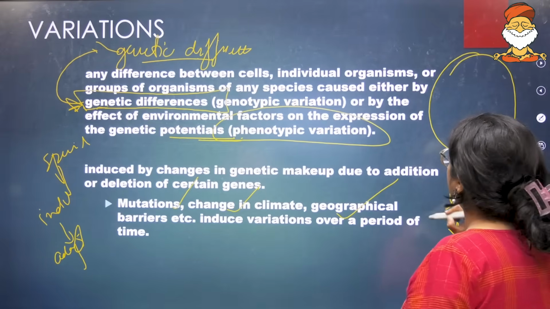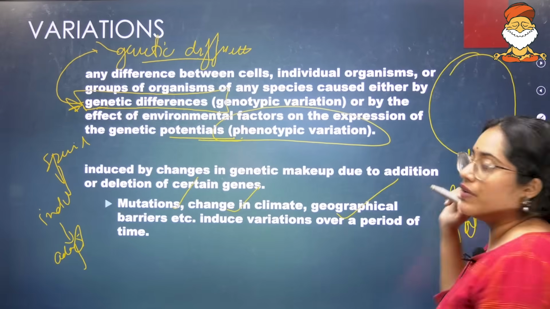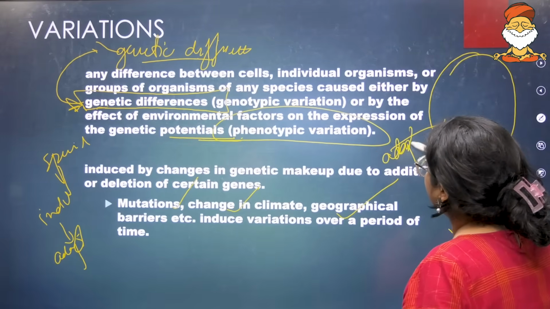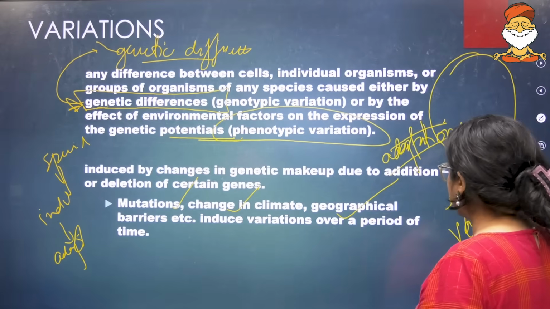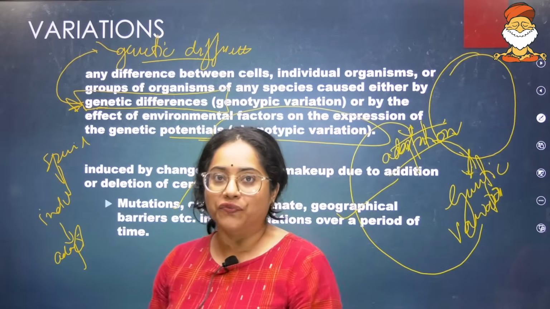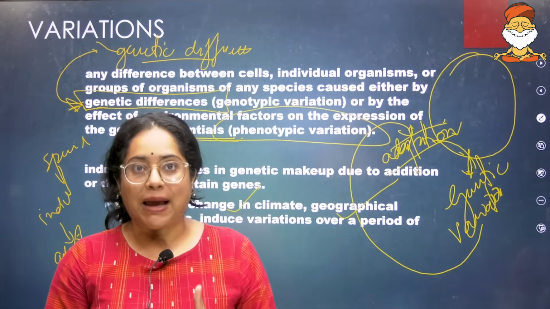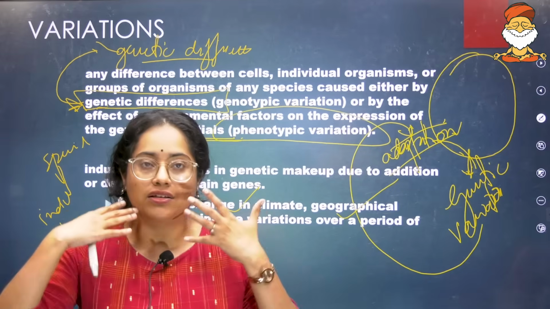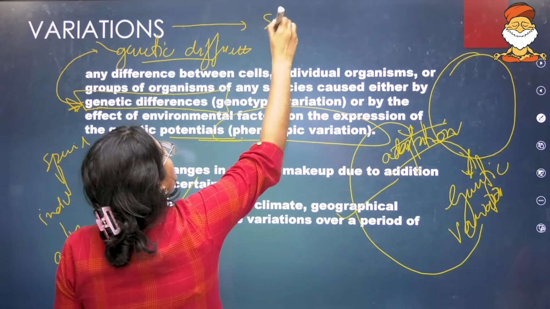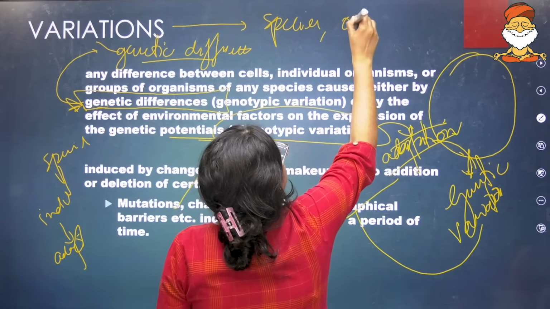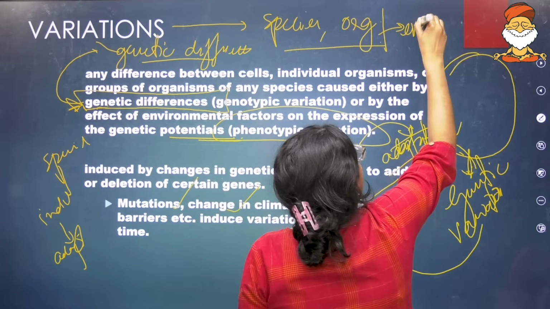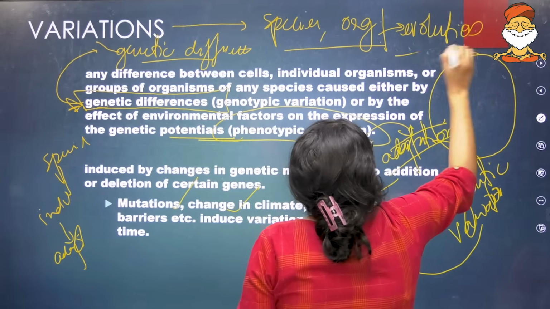Now, what I intend to say is that these genetic variations can also be caused eventually by different adaptations, and vice versa. Genetic variations can cause adaptation, adaptation can cause genetic variations also. So this is something that can happen, and when variations happen at such a large level, variations lead to the creation of new species, new organisms, etc. Okay, sometimes the organism gets better, and that is called evolution.